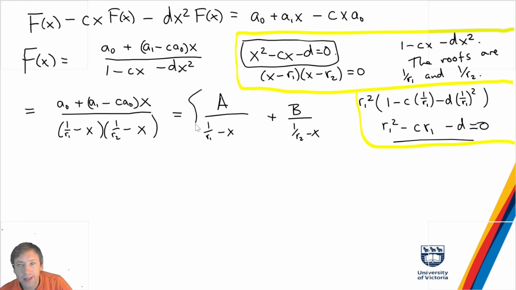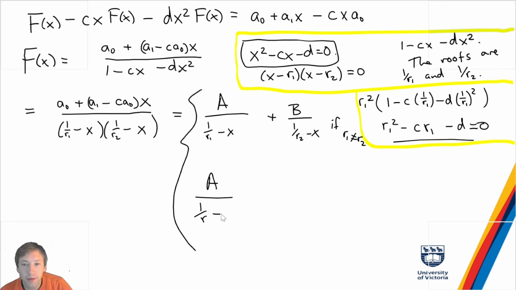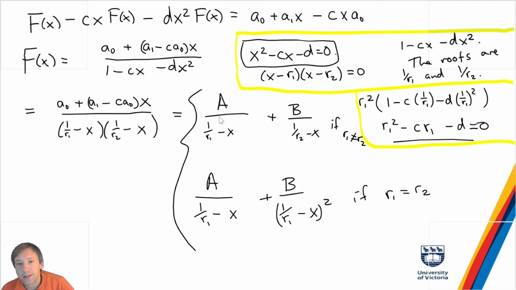So this has a different form depending on the roots r1 and r2. It's either going to look like this, if r1 is not equal to r2, or if they're equal, you'll get a partial fraction decomposition like this, with a minus x squared. Now suppose I take this first type of expression and multiply the top and bottom by r1.